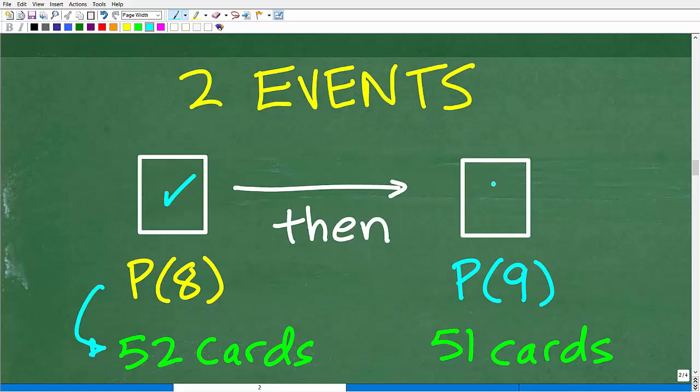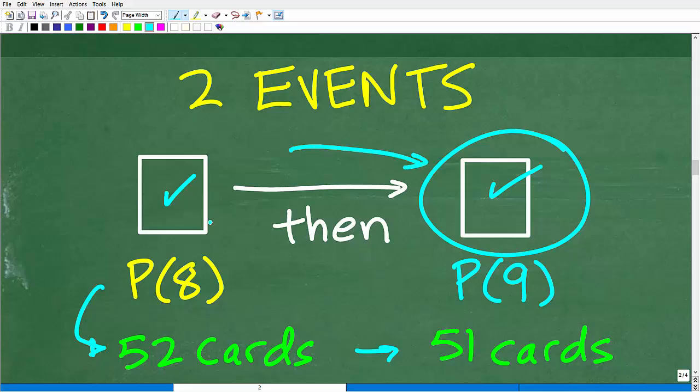Then we want to consider, what is the probability of a 9? But we're not going to replace that first card. So how many cards do we have when we consider the probability of a 9? Well, that's 51 cards. So this event here is going to be influenced by this first event.